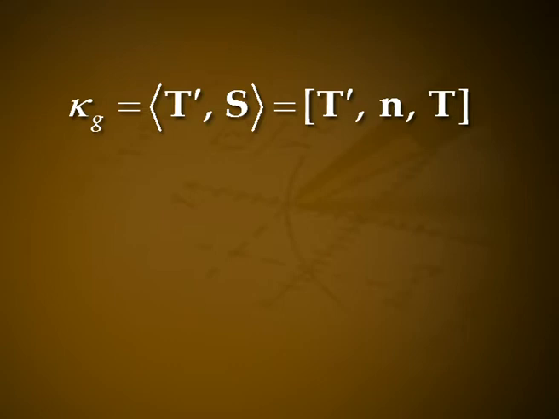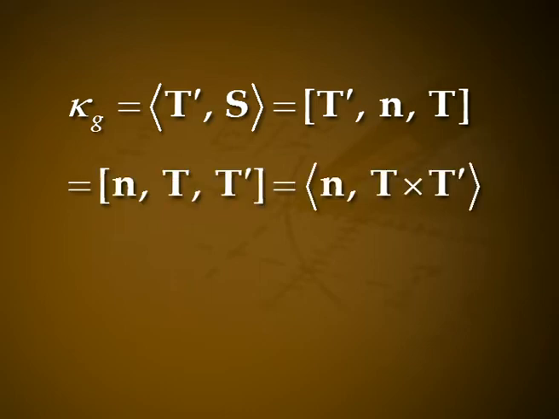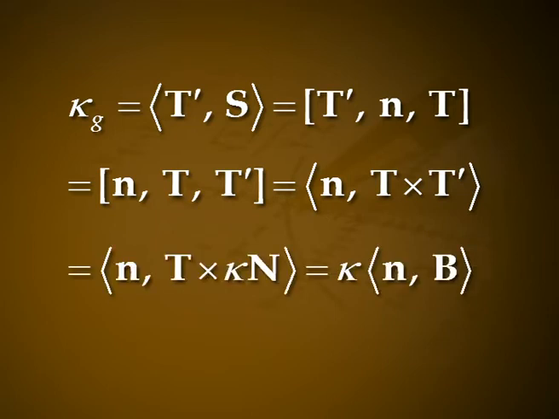To get an extrinsic formula, we proceed as follows. κ_g is equal to the inner product of t' and s, which is equal to the inner product of t' and n cross t, which is equal to the inner product of n and t cross t', which is equal to the inner product of n and t cross κn, which is equal to κ times the inner product of n and b, which is equal to κ cos α, where α is the angle between the unit normal n of the surface and the binormal b of the curve.